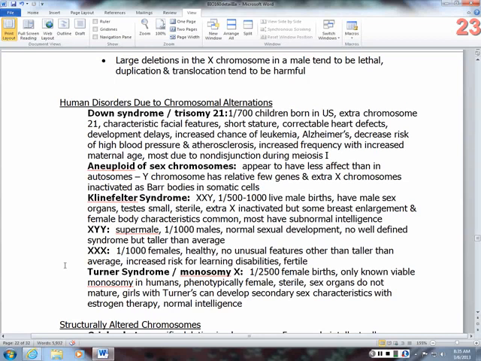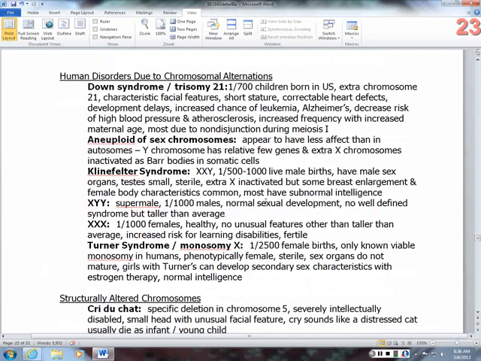So with Klinefelters, this is going to be XXY. This would occur in about 1 in 500 to 1,000 live male births. The male is going to have male sex organs. The testes will tend to be small. They will usually be sterile in there. An extra X chromosome gets inactivated, but a lot of times you'll see some breast enlargement in there and female body characteristics.